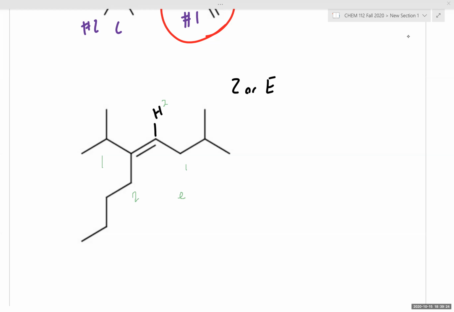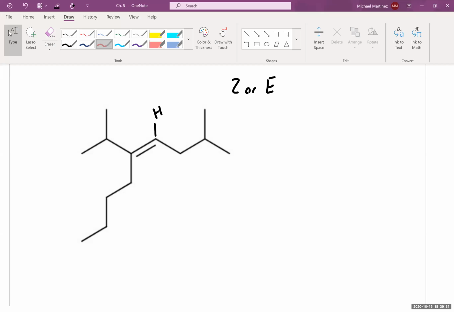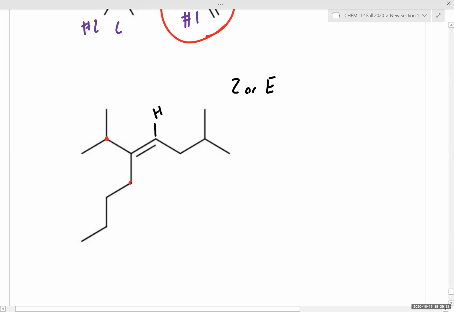Okay, so let's discuss. The responses in the chat seemed reasonable to me. In terms of priority counting, we see that this isopropyl group is priority number 1 because there are 3 carbons attached to our first center compared to 2 carbons and 2 hydrogens.